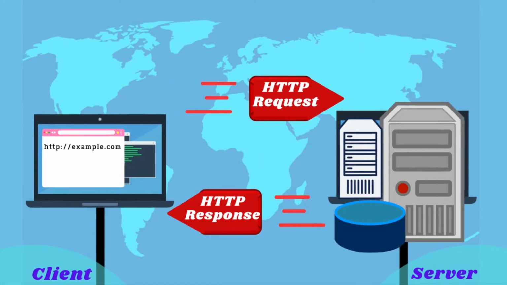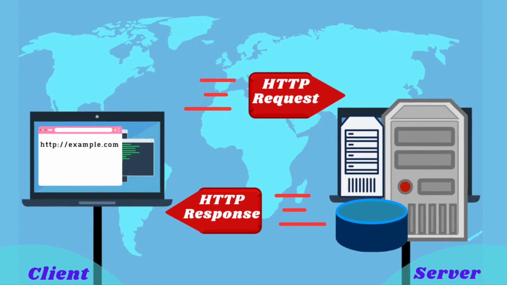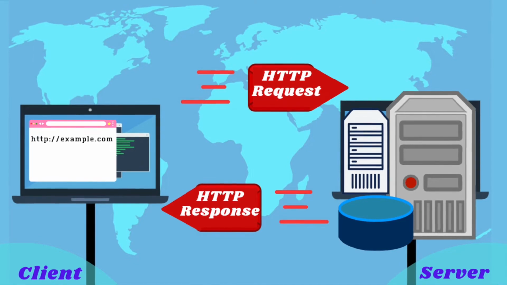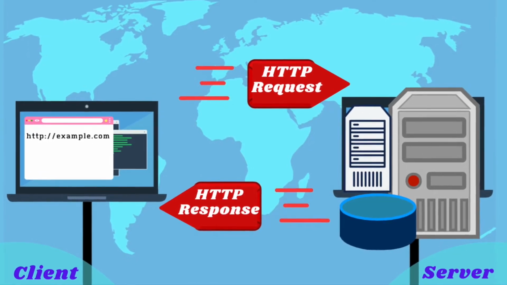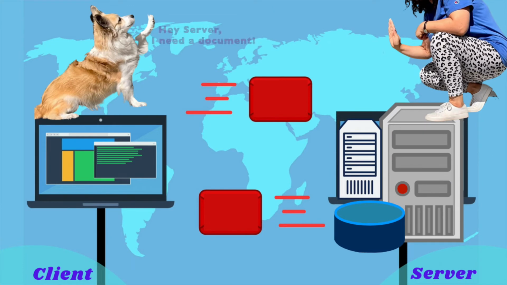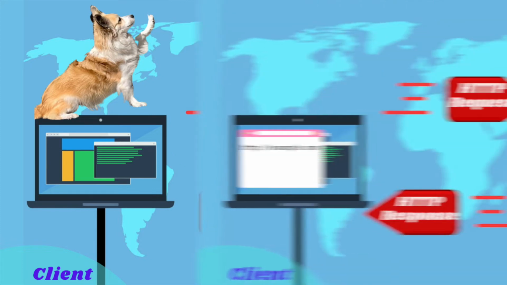The client submits an HTTP request message to the server. The server returns a response message to the client and provides the resources you asked for. You can think of HTTP as the language that one computer uses to ask another computer for a document.